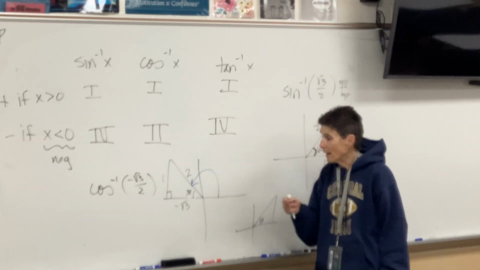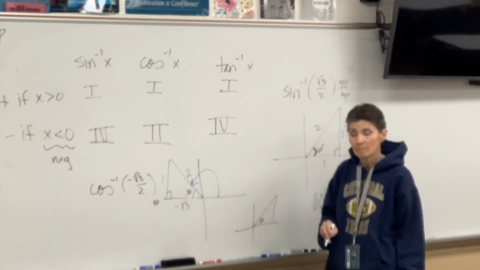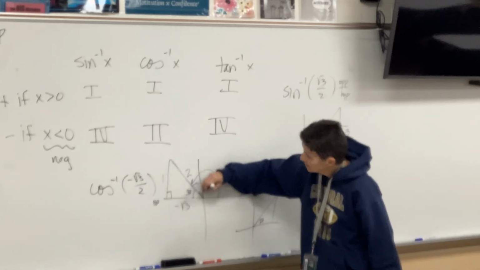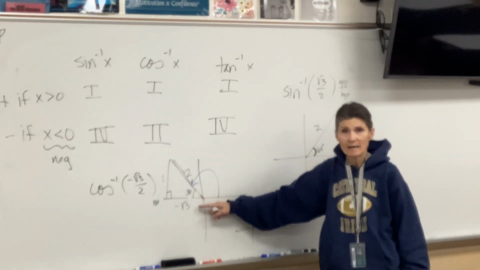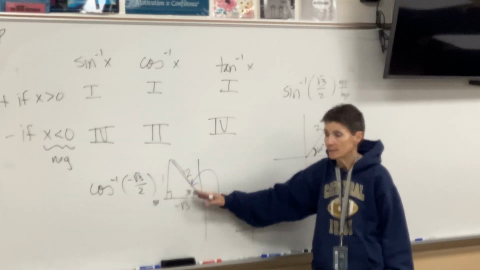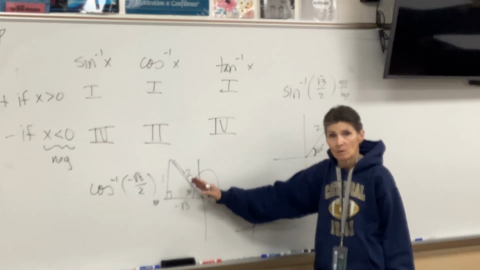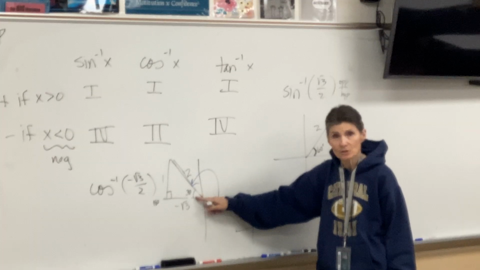So what would that blue angle be? Remember, this is 180. The angle you want didn't go all the way to 180, so it's less than 180. It stopped here. Well, how much too soon did it stop? 30 degrees too soon.